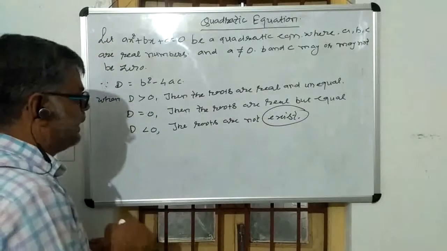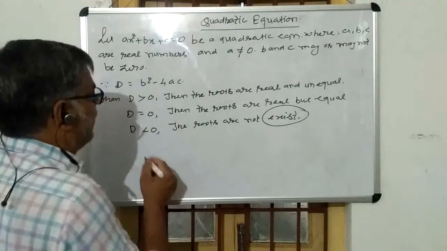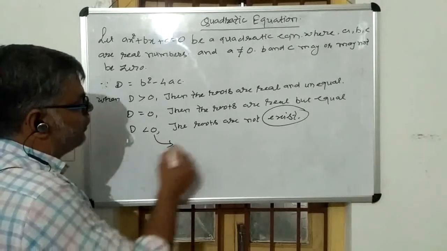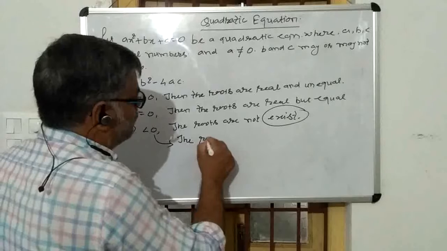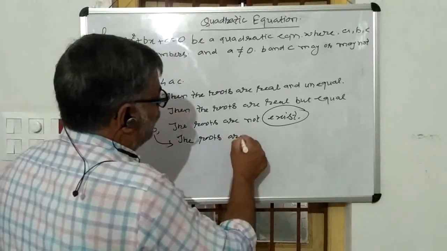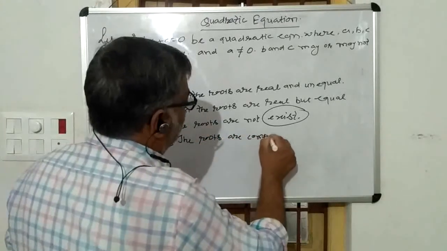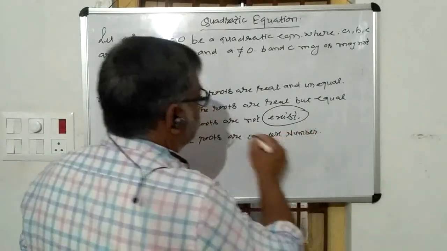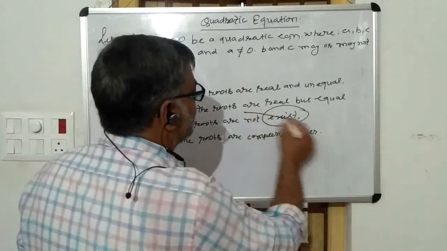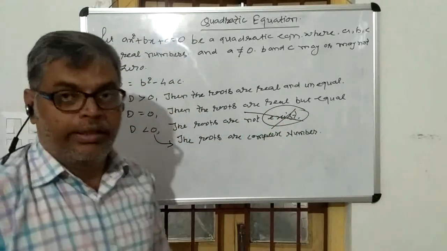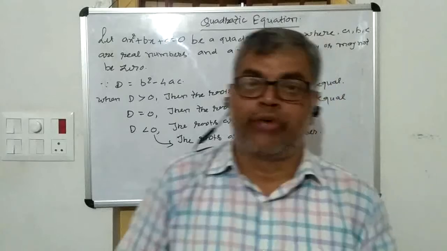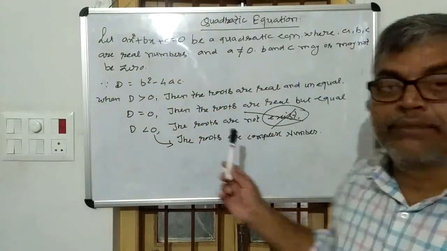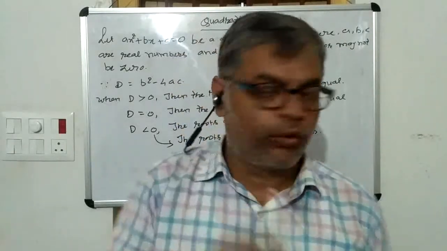But here in class 11, it says that when d is less than 0, then the roots are complex numbers. The statement that it does not exist becomes wrong. In this class you have to find the roots of a quadratic polynomial when their discriminant is less than 0.